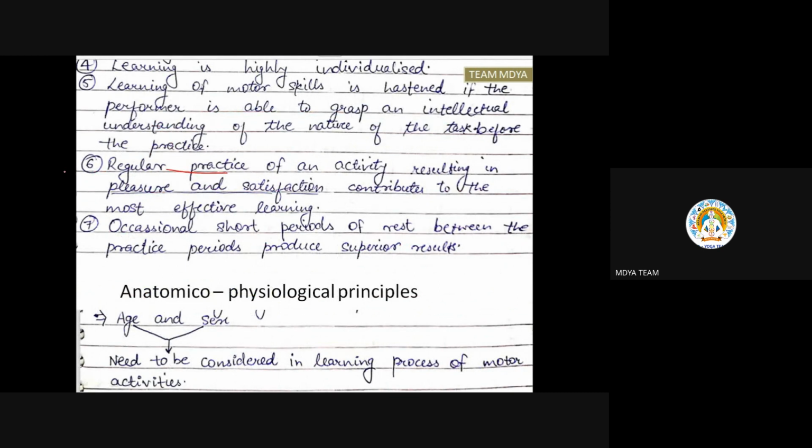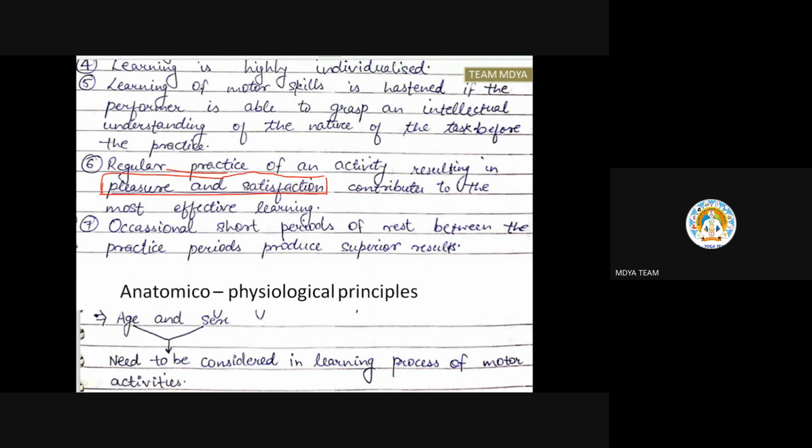Then our sixth point is regular practice of an activity resulting in pleasure and satisfaction contributes to the most effective learning. When you do something and you get the dopamine rush in the body, then you want to get the dopamine rush again.